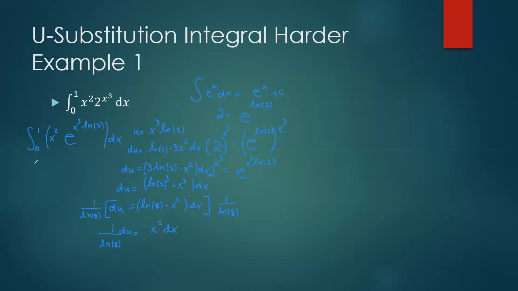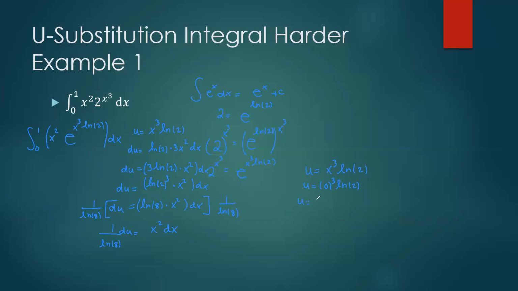Okay, so now we can rewrite this. Wait, we should change the boundaries, right? We're going from 0 to 1. So let's change our boundaries real quick. It'll make your life easier. So if we said that u was x cubed ln of 2, and one of our x is 0, so it's going to be u equals 0 to the third times ln of 2.